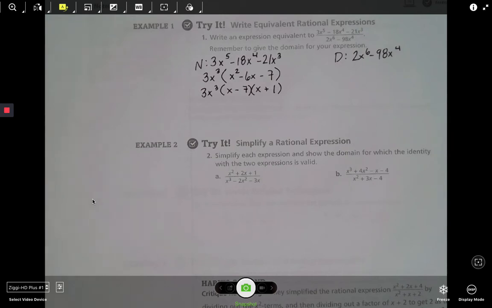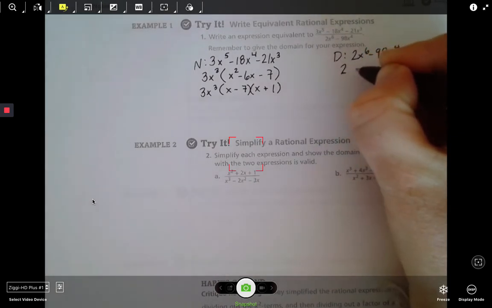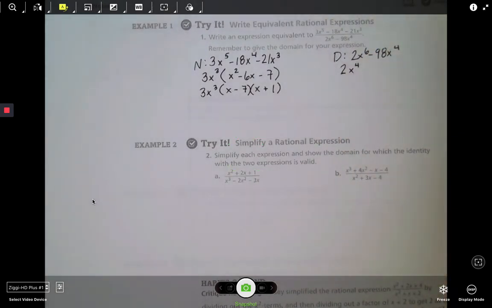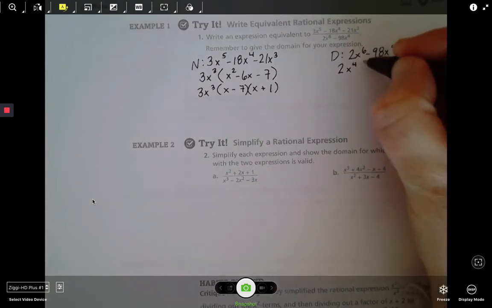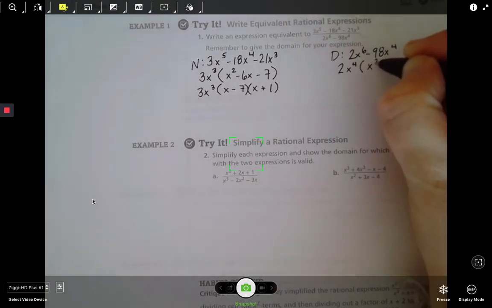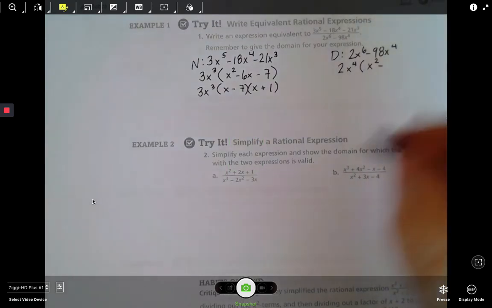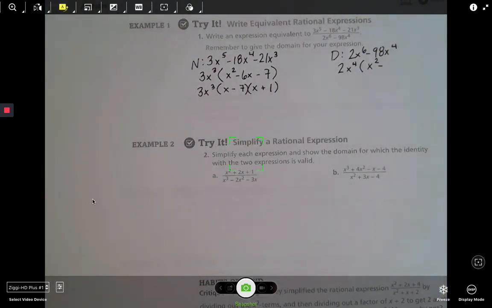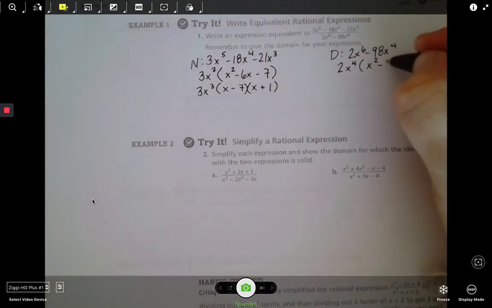Now we need to factor our denominator. For my denominator here, I know I can factor out a 2x to the 4th. Well, how do I know that? Because they are both even numbers and the smallest exponent is x to the 4th. That leaves me with x squared minus, 98 divided by 2 is 49, so minus 49.